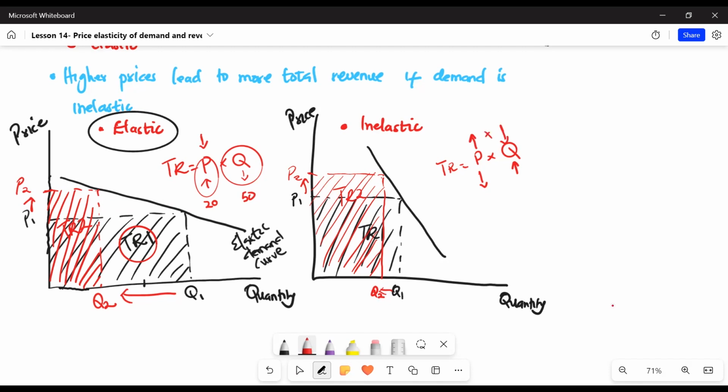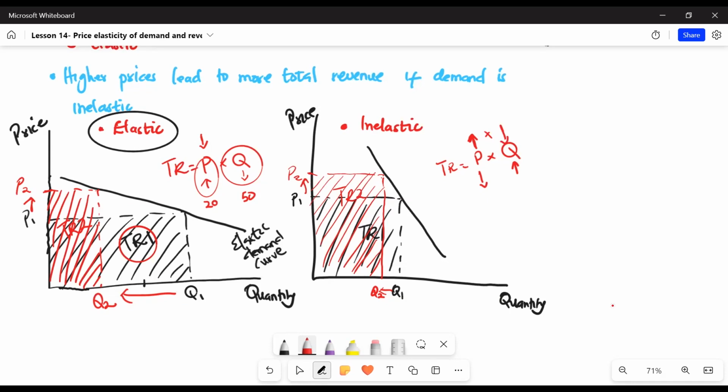And when you multiply it, this will lead to higher total revenue. So if you're selling a good in which the demand is inelastic, it's better to increase prices to increase total revenue. But if you're selling a good in which the demand is elastic, then it's better to reduce prices in an attempt to increase total revenue.